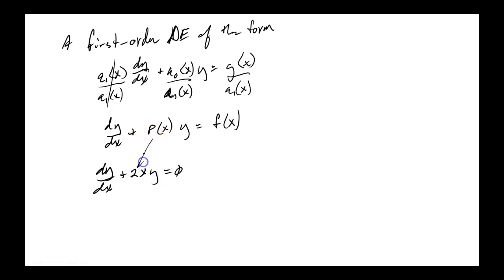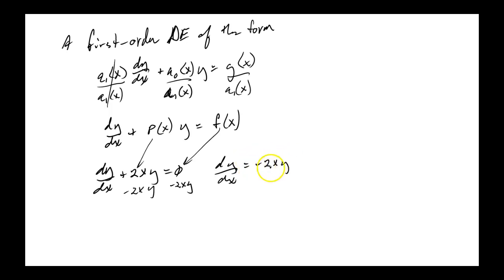Now your p of x is 2x, your f of x is 0. Fairly obvious that can be solved by separation of variables. So you would subtract 2xy from both sides, and that would give you dy/dx is equal to minus 2xy.